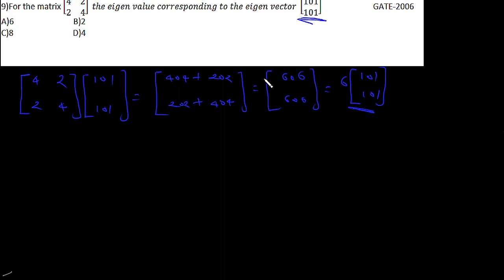So we can say that 1 0 1 is an eigenvector of this matrix, corresponding to the eigenvalue 6, because whatever the scalar is here represents the eigenvalue according to the property Ax equals lambda into x. This is the basic definition of eigenvalues and eigenvectors. So option A is the correct one.